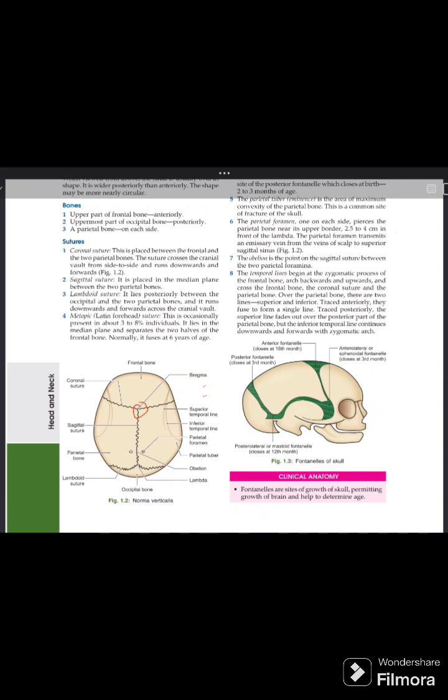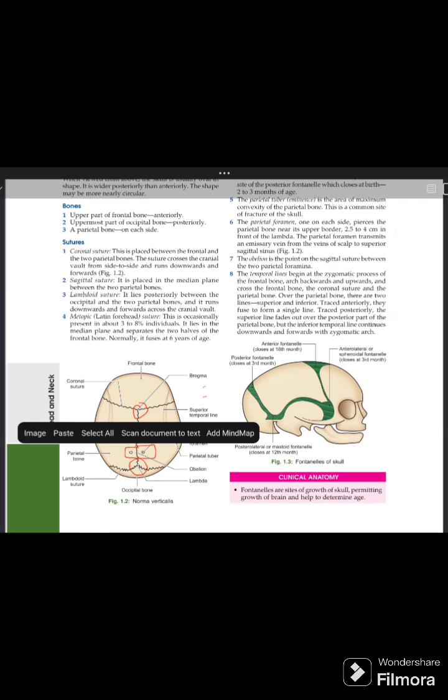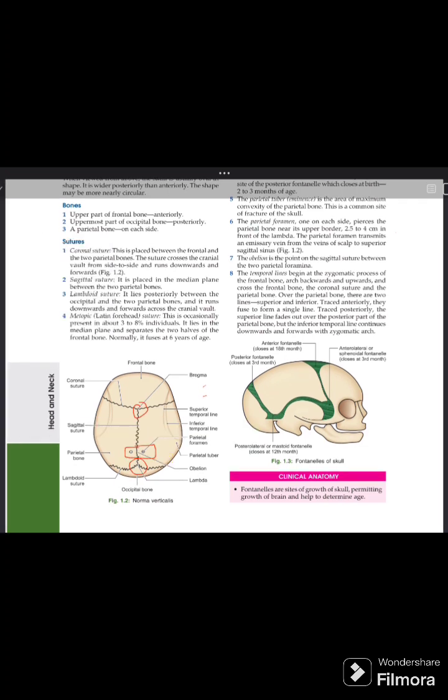Then another one is the lambda, that is the meeting point of the sagittal and the lambdoid suture. Then there are two foramens. You can see clearly there are two holes in the parietal bones on each side. These are called the parietal foramens, and the point between the parietal foramens is called the obelion.